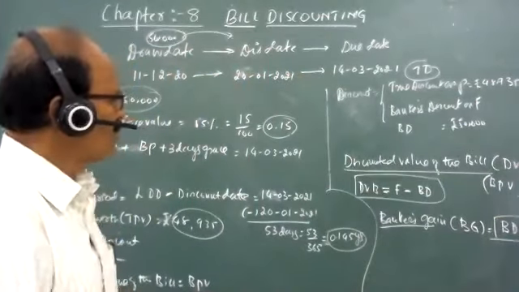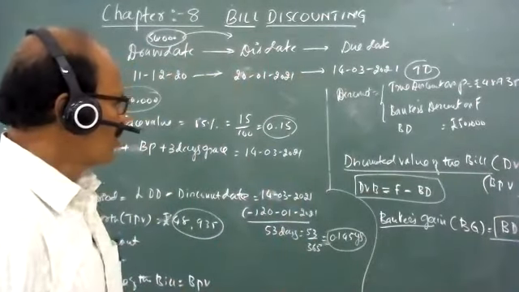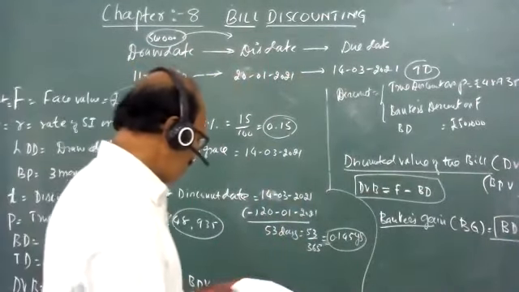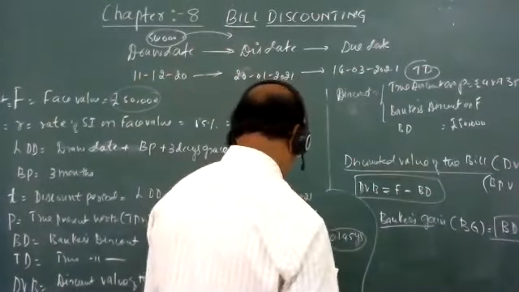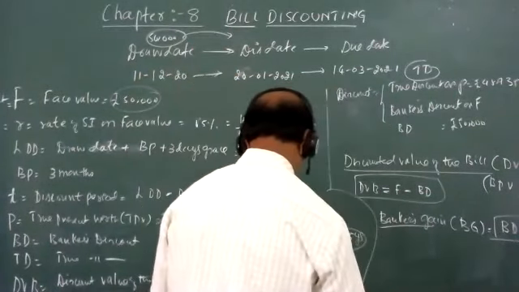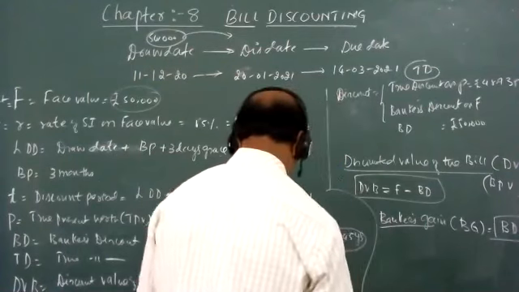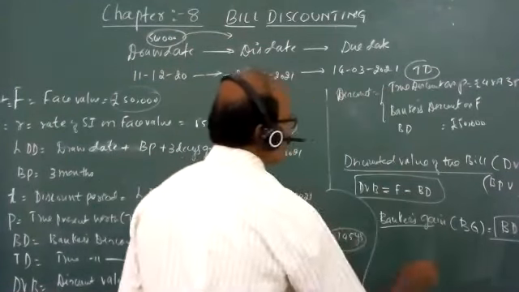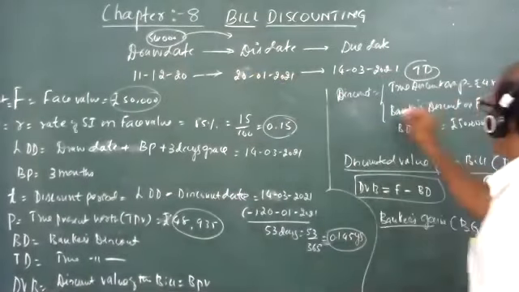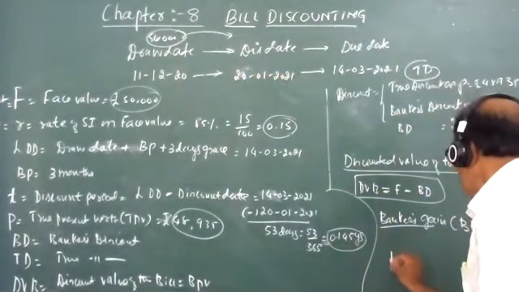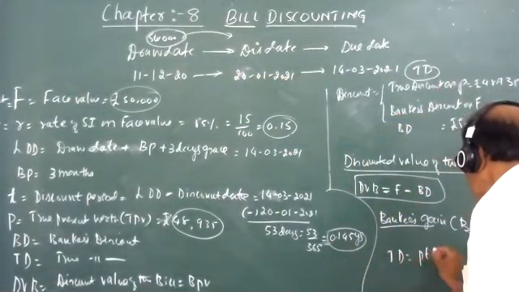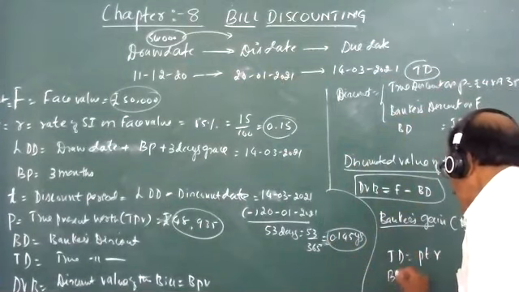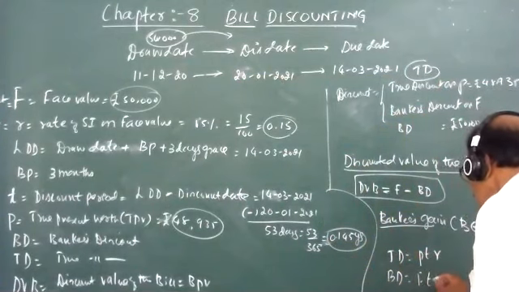So in this one, for this amount, if you calculate the discounted value of the bill, it becomes... and for true discount, the formula is PTR, and banker's discount formula is FTR.